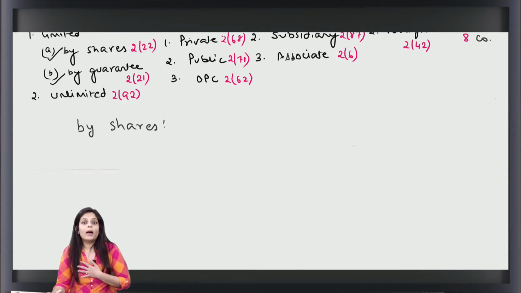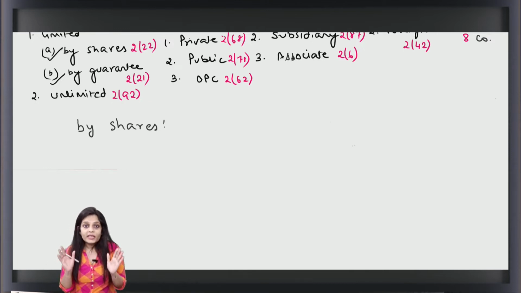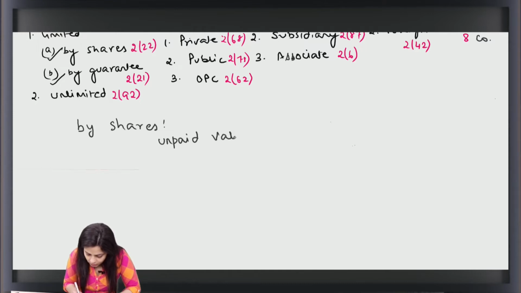Tomorrow if you come and ask something from me as a member, I am liable to contribute only the value of my shares which I have not paid. Tomorrow, if the company asks me to contribute anything because I am a member, how much do I have to contribute? Only the value of my shares that I have not yet paid. So what does this mean? If you see the definition, it says the members are liable to pay the unpaid value of shares held by them.